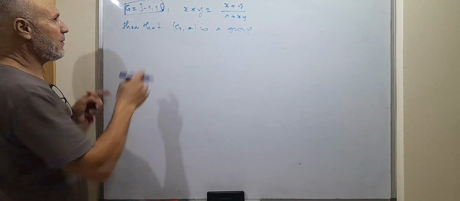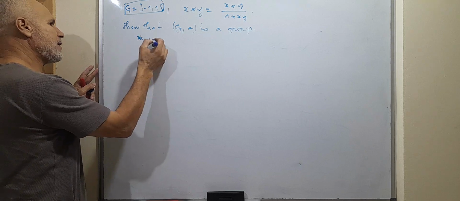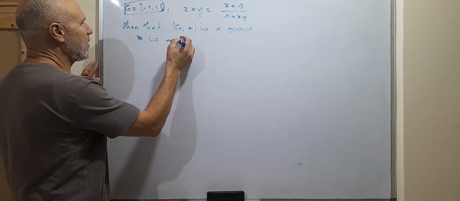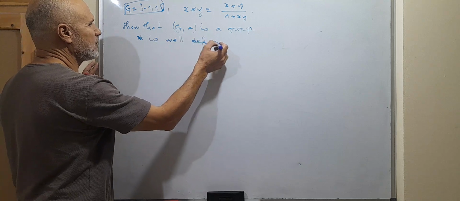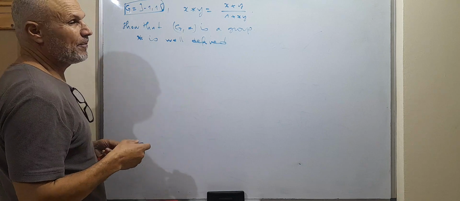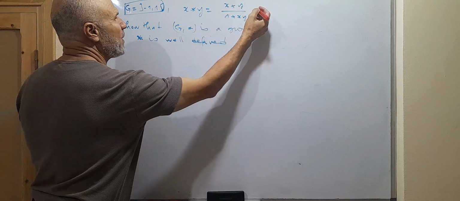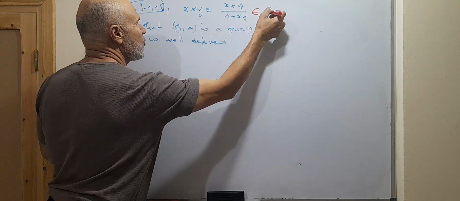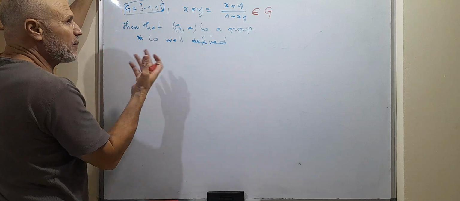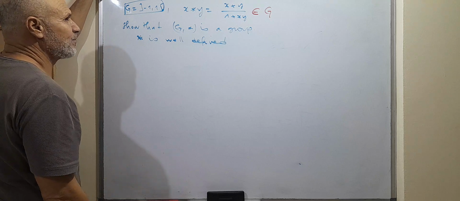First, we show this is a well-defined operation. What do we mean by this? We mean that the result should belong to G. Otherwise, it cannot be a good composition law.